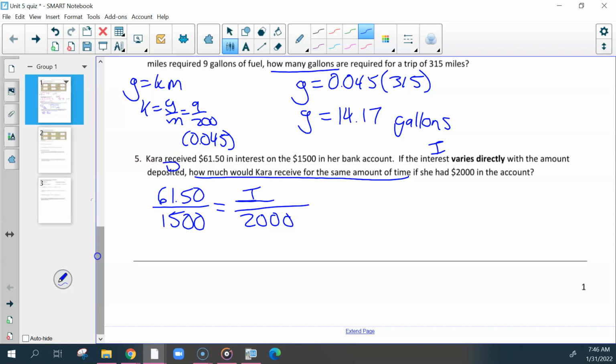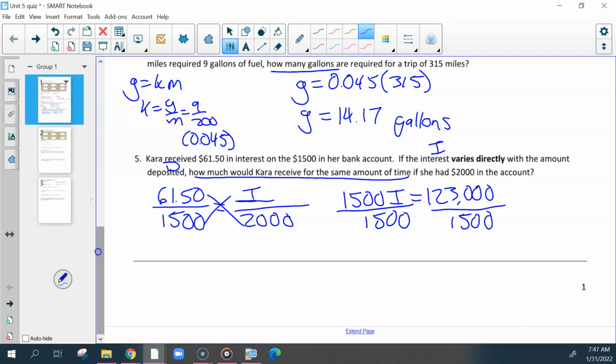Then you could cross multiply, and you get 1,500I equals, it was a really big number, 123,000. And then you could divide both sides by 1,500. And I should have been $82.